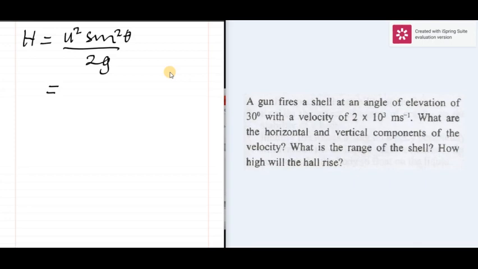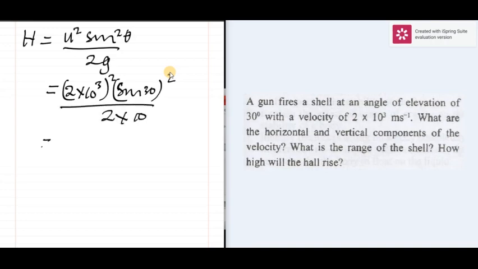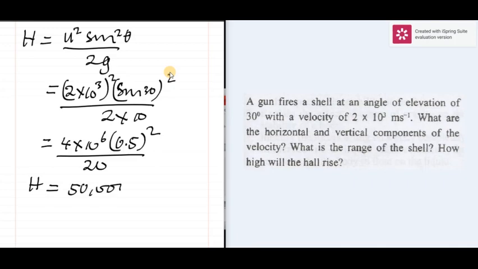The value for the initial velocity is 2 times 10 raised to the power 3 square, sine 30 square. Simplifying further, that's 4 times 10 raised to the power 6, 0.5 square all over 20. The whole expression for the maximum height will be 50,000 meters.